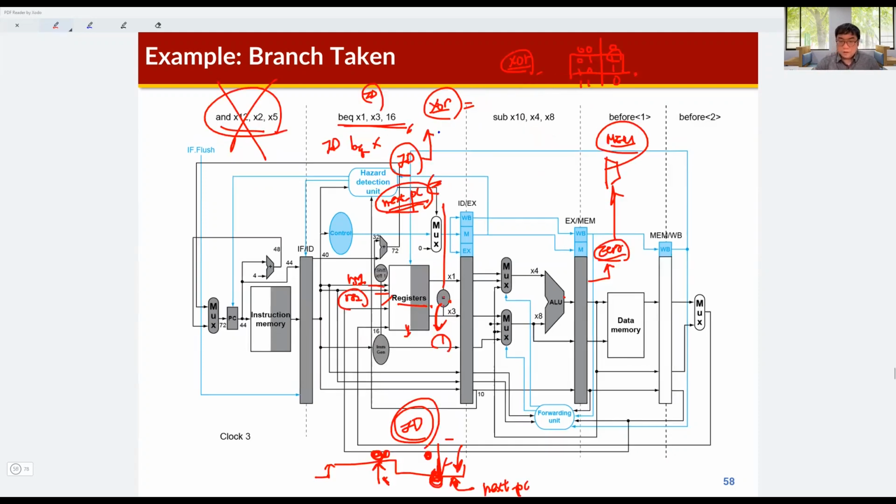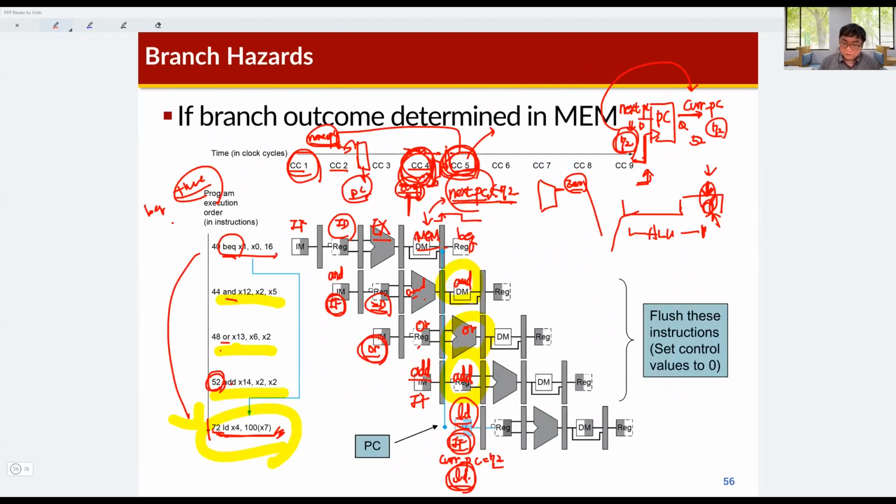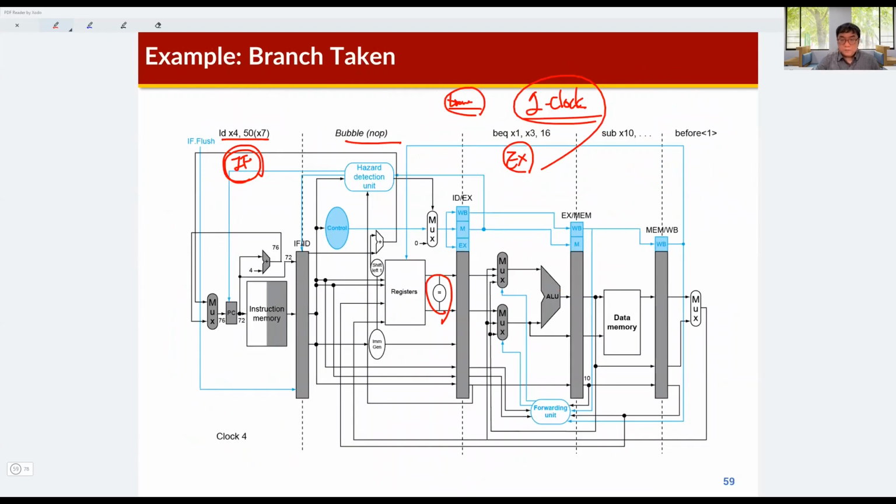If we compare this clock cycle diagram, this new hardware will waste only one clock when the branch is taken. So we can reduce the control hazard caused by branch instructions. This is the enhanced processor design.